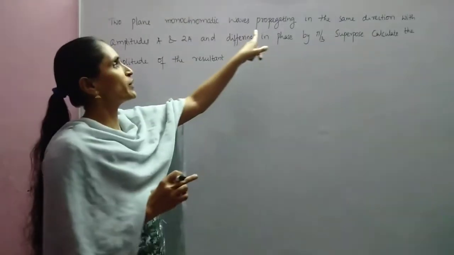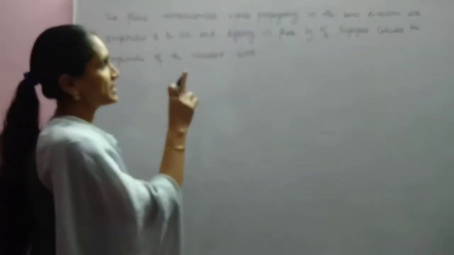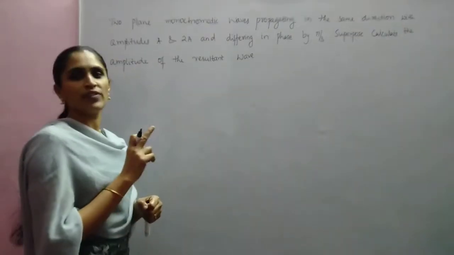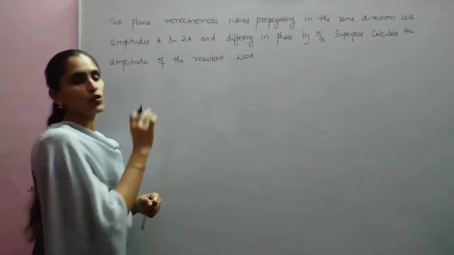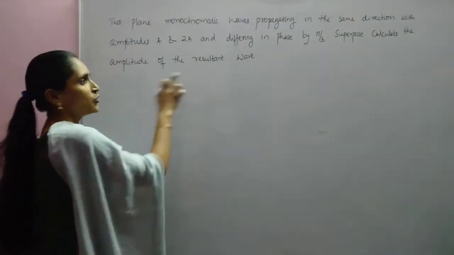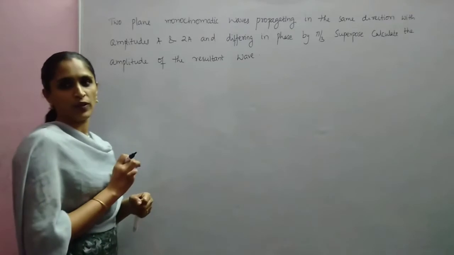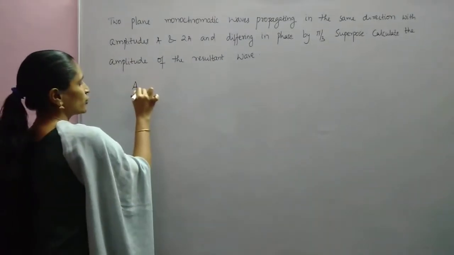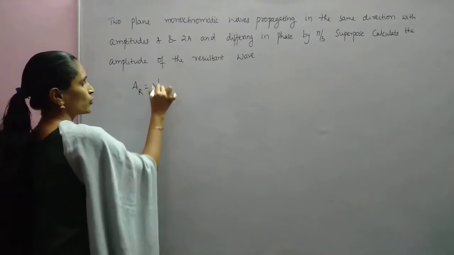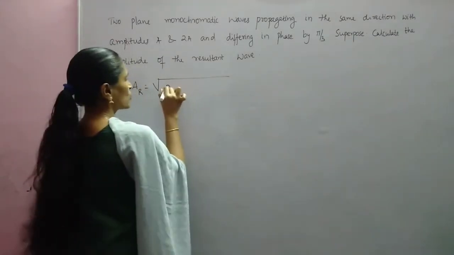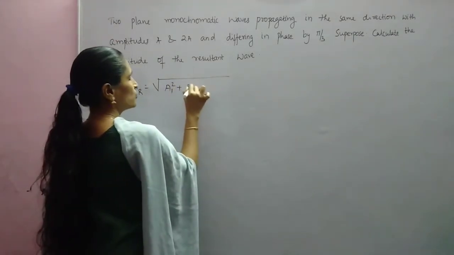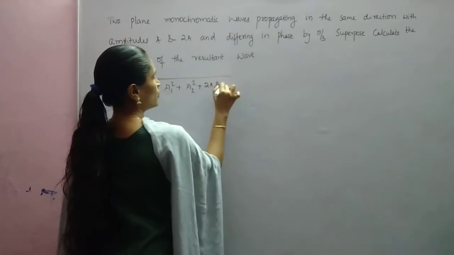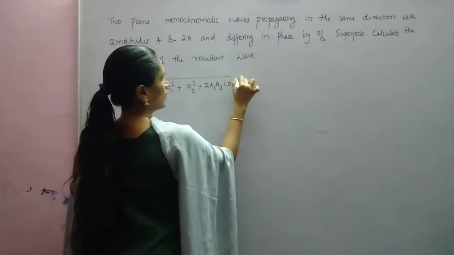Two plane monochromatic waves propagating in the same direction with amplitudes A and 2A and differing in phase by pi by 3 superpose. Calculate the amplitude of the resultant wave. So you have to find the resultant wave's amplitude. The amplitude of the resultant wave is given by root of A1 square plus A2 square plus 2A1 A2 cos phi.